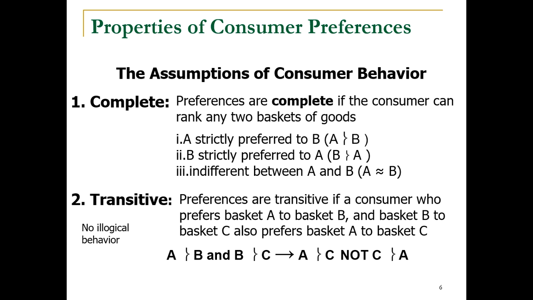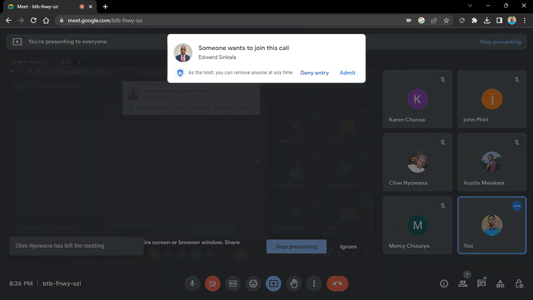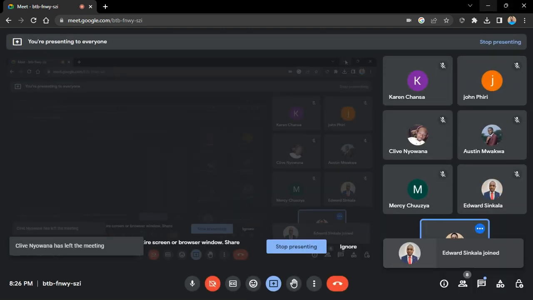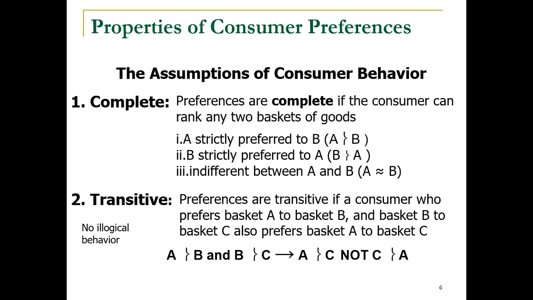So preferences are complete if and only if a consumer is able to give us the exact bundle that is preferred, or if this particular consumer is in a dilemma where he cannot choose between these two, which means that he or she is indifferent. When we say you're indifferent, it means that you cannot really go either to the right or left.